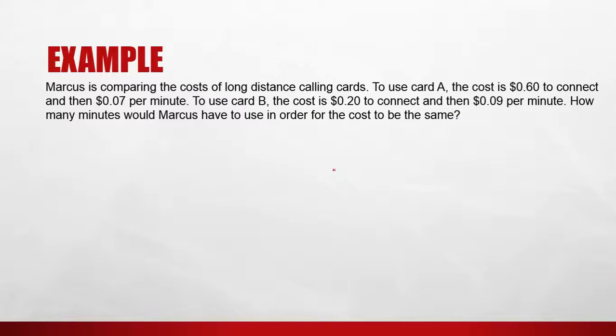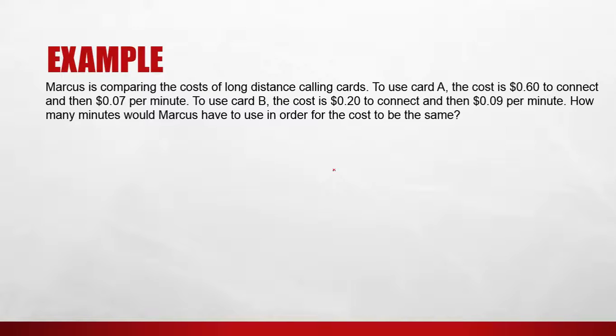So here's an example. Marcus is comparing the cost of long-distance calling cards. To use card A, the cost is 60 cents to connect, and then after that, 7 cents per minute. To use card B, the cost is 20 cents to connect, and then 9 cents per minute after that.